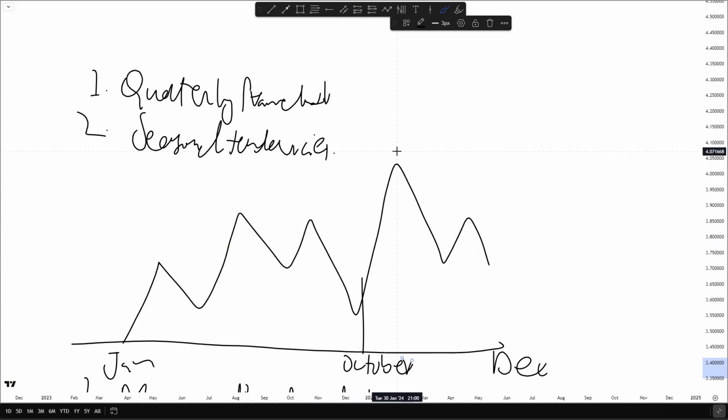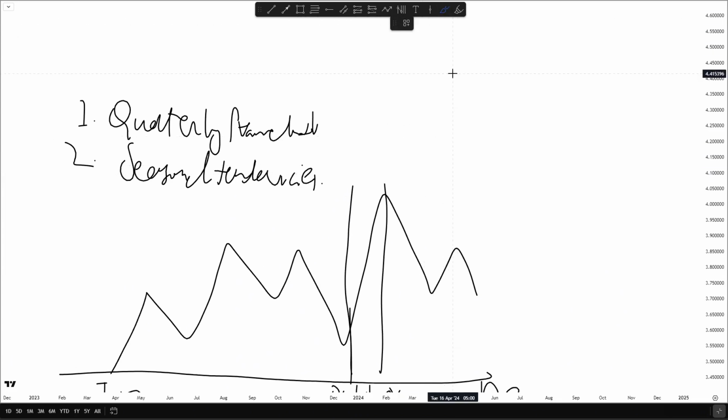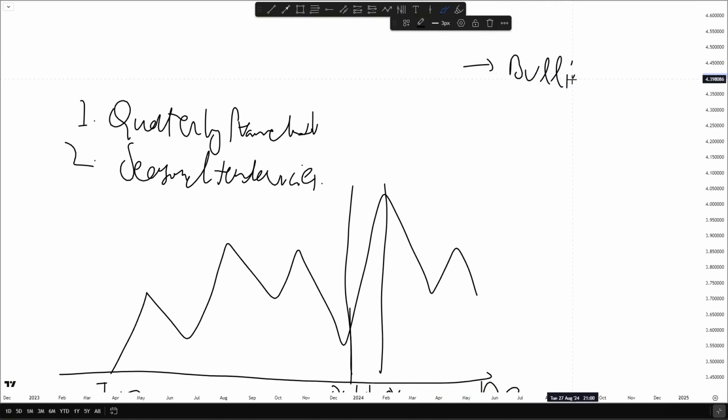And you can see right here that during the month of October, this asset typically has formed bullish price action on average in the past 20 to 30 years. And this basically gives us this directional hypothesis that October usually tends to be bullish. So now we have formed our first directional hypothesis based on seasonal tendencies.